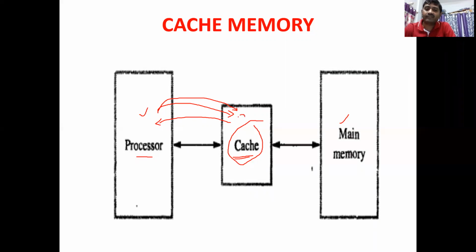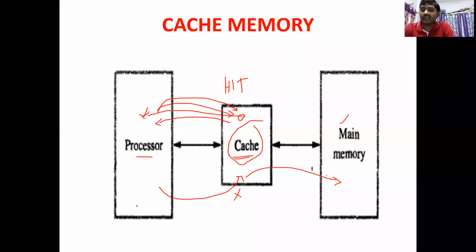And if it finds the data, that is called a hit, right? Hit. And suppose the processor is referring to an instruction which is not there in your cache memory, that is called a miss, then it has to go from the cache memory to the main memory, and again it will get it back.